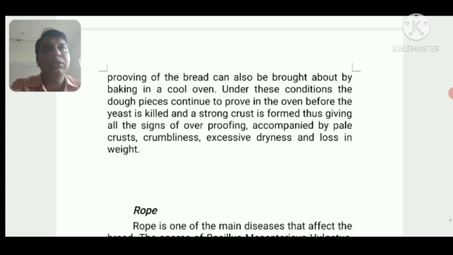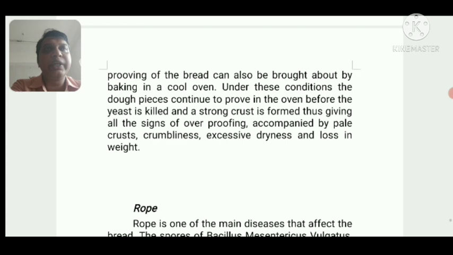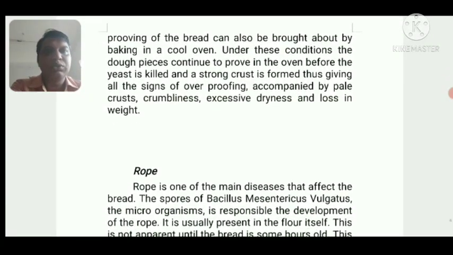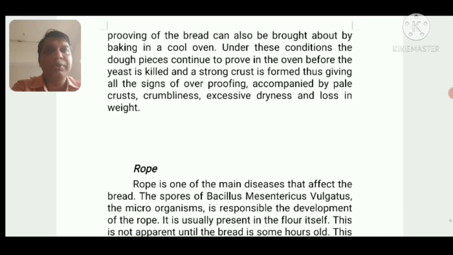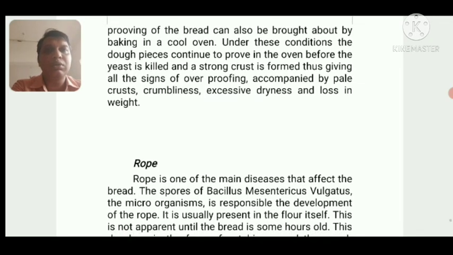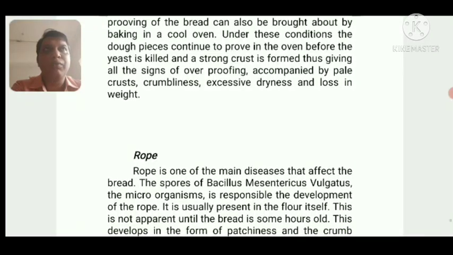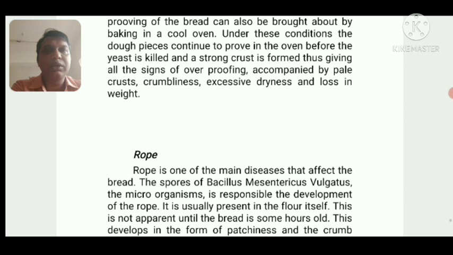And the CO2 which was produced and the yeast which was there, there might be chances that the yeast is not killed at that particular temperature, which leads to further degradation of the bread when it is cooled and packed. So if the temperature does not reach the proper level, this also leads to faults of volume and desirable crust.